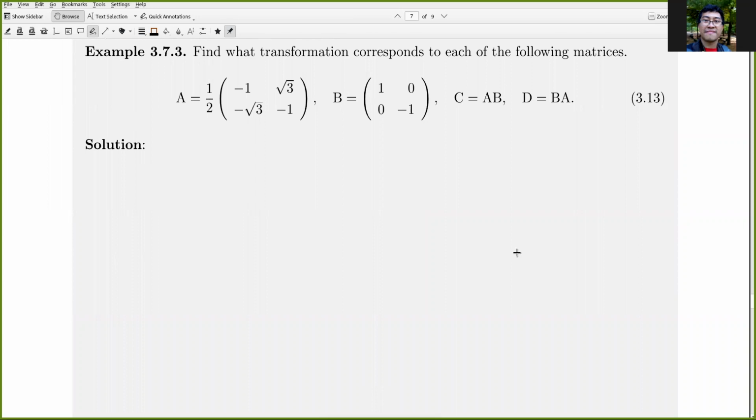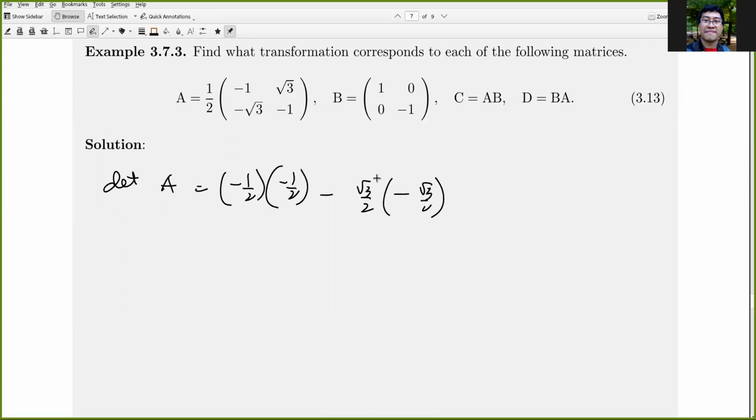For example, find what transformation corresponds to each of the following matrices. You have A, B, C, and D. To determine the type of transformation, it would be relevant to determine the determinants. For example, the determinant of A is negative 1/2 times negative 1/2 minus square root of 3 over 2 times negative square root of 3 over 2.